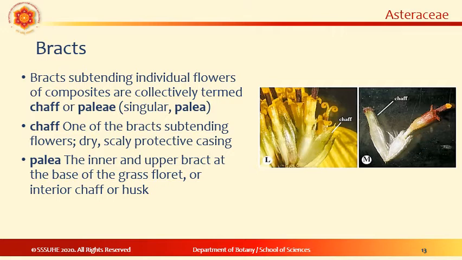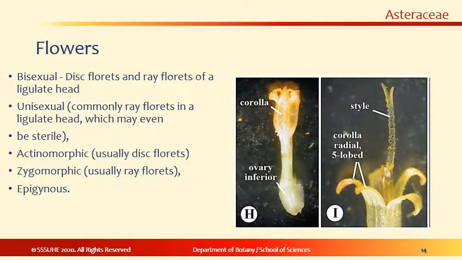If it is the inner and upper bract, then it is an interior chaff or a husk. It's called a palea. Flowers can be bisexual or unisexual. They are actinomorphic in the disc florets and zygomorphic in the ray florets, with an inferior epigynous ovary.